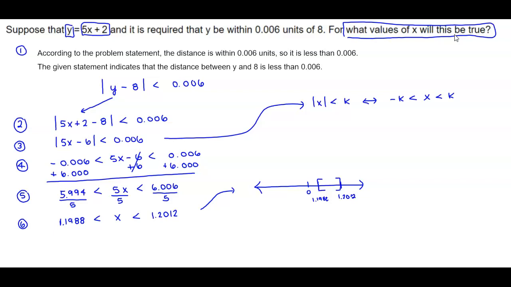Actually, we don't have brackets, we have parentheses, because we're not including those points since it's less than. So that means we have a parenthesis here and a parenthesis there. Therefore, we have the interval (1.1988, 1.2012). Let's go ahead and write our answer.